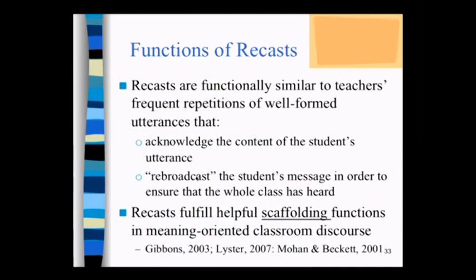If a student says something, they rebroadcast it so someone can hear it at the back of the classroom. And as I said in my work, and others working in content-based classrooms, such as Pauline Gibbons, talk a lot about scaffolding and the kind of scaffolding support that recasts give to teachers. Recasts allow teachers to give scaffolding support to students during interaction.